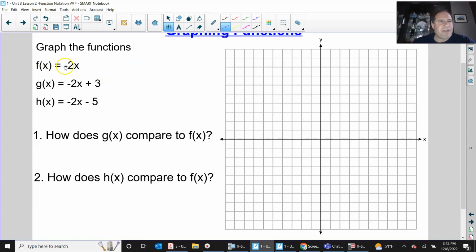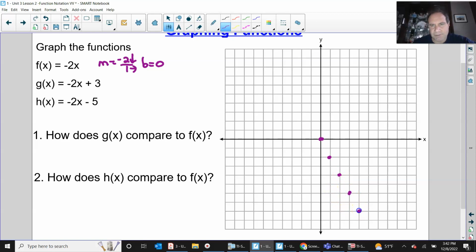So f of x, which is y equals -2x, the m equals -2. Since I'm graphing, I'm going to put it in rise over run format. The b equals 0. So I am going to start at 0. That's where I'm starting. And I'm going to go down 2, right 1.